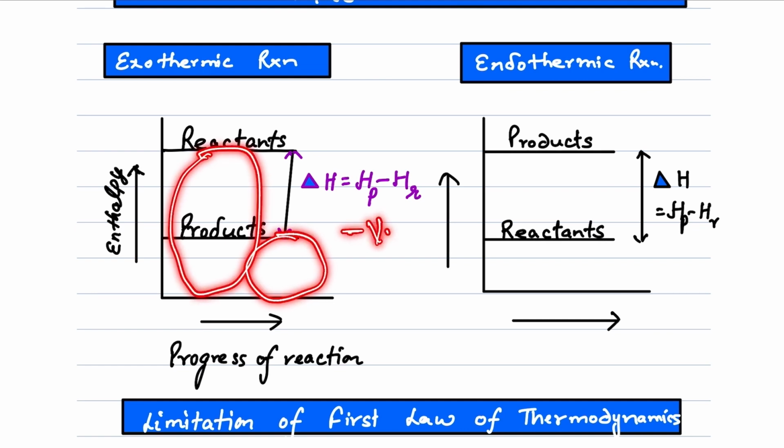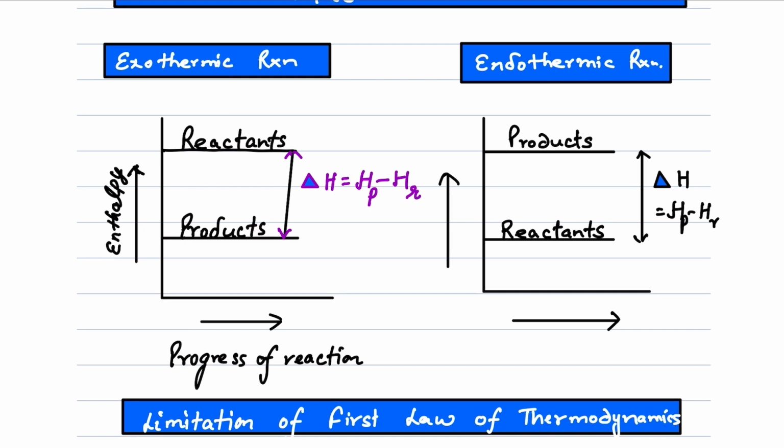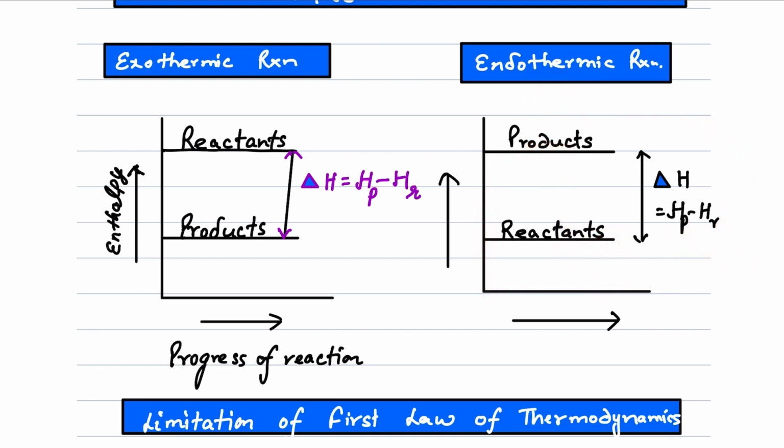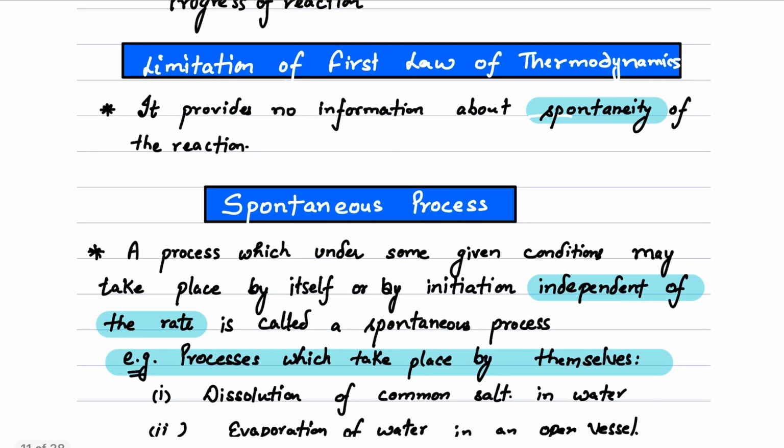We can clearly see that product enthalpy is less than reactant enthalpy, so the overall answer is negative, that is for an exothermic reaction. Now for endothermic reactions, the value for products is greater than the value for reactants, so the overall answer is positive. So these are the two graphs for exothermic and endothermic reactions.